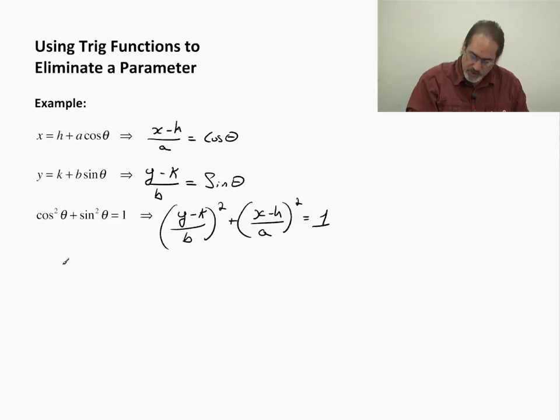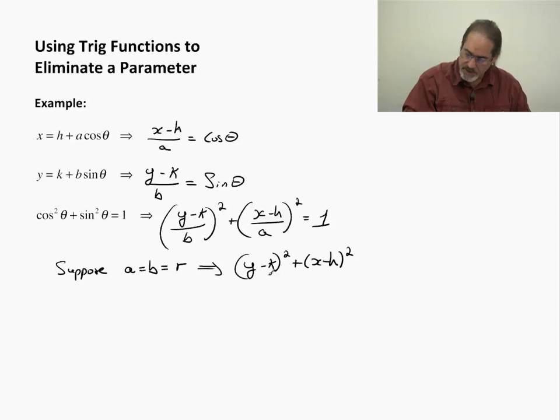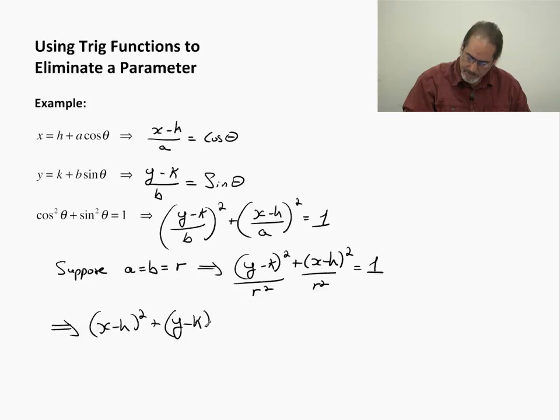Now, let's suppose that a is equal to b, and we're just going to call it r. Then what I end up with is ((y minus k) squared plus (x minus h) squared) over r squared is equal to 1, which would then imply that (x minus h) squared plus (y minus k) squared equals r squared.